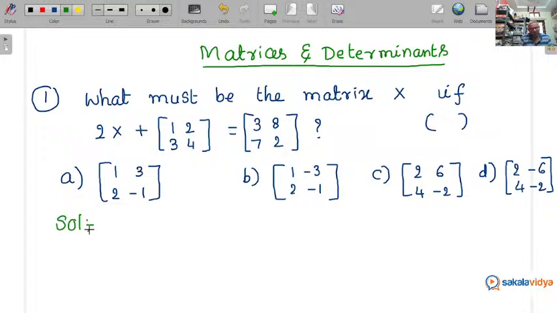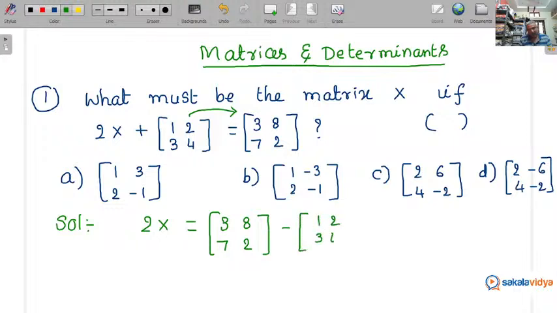Just like solving an equation, transpose this matrix to this side. So, you will get 2X equals [3 8; 7 2] minus [1 2; 3 4]. The corresponding elements we need to subtract: 3 minus 1 is 2, 8 minus 2 is 6, 7 minus 3 is 4, 2 minus 4 is minus 2.